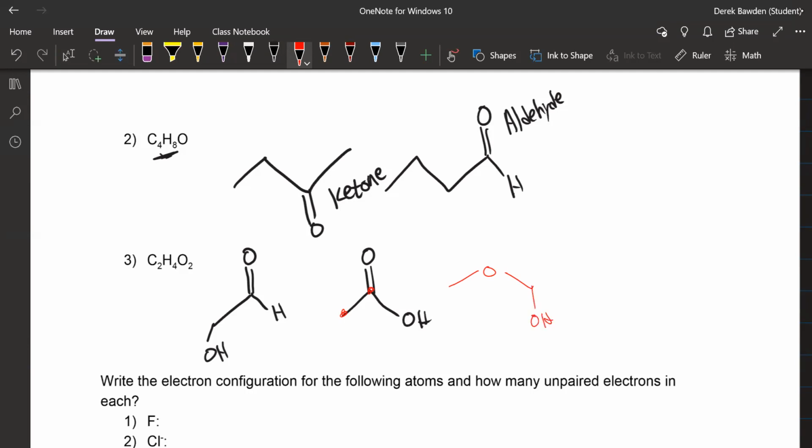I'm trying to think, 1, 2, 3, no, it'd be too many hydrogens. So that wouldn't work for this particular problem, but just try different patterns like that, because carbon and oxygen like to be double bonded. That's a common one that Dr. Garg especially likes. He especially likes carboxylic acid problems when he gives you the chemical formula and then you have to draw the structure. So if there are 2 oxygens, try adding a carboxylic acid. Just some different tips there.